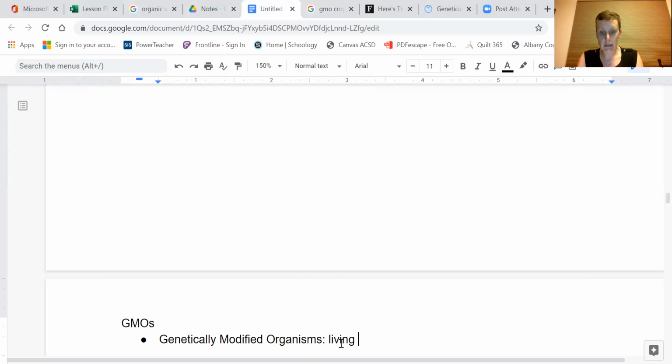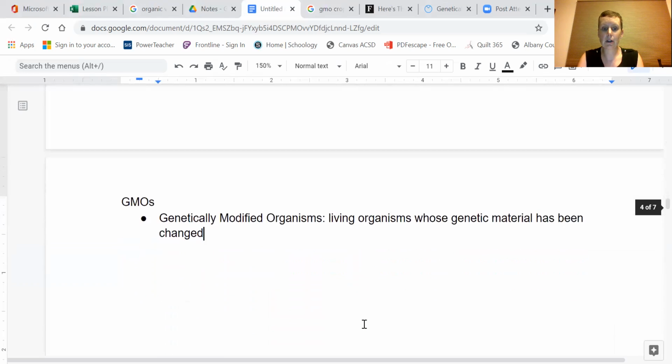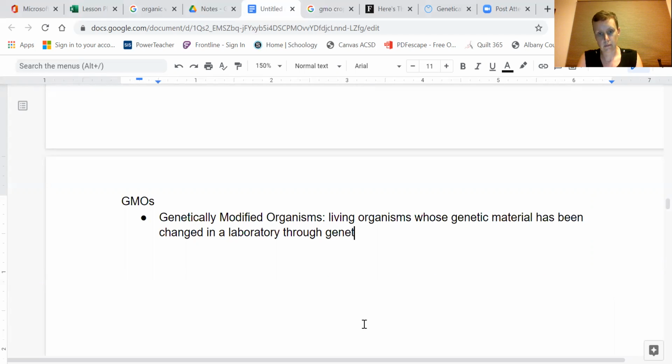These are living organisms whose genetic material has been changed in a laboratory through genetic engineering.